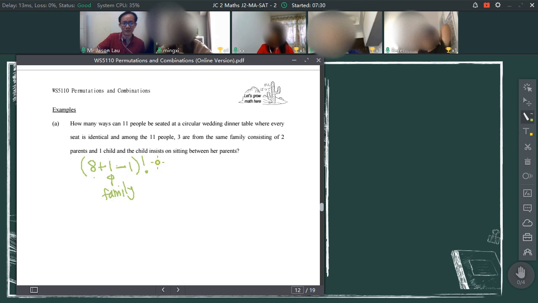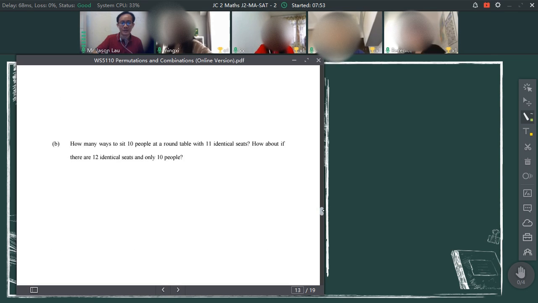Then times 2. Yeah, then that's it. Why 2 factorial? Same lah. 2 or 2 factorial is the same. 2 factorial is because you arrange the 2 parents, so it's just a permutation. Okay, Kaixing can? Can Mingxi, okay.